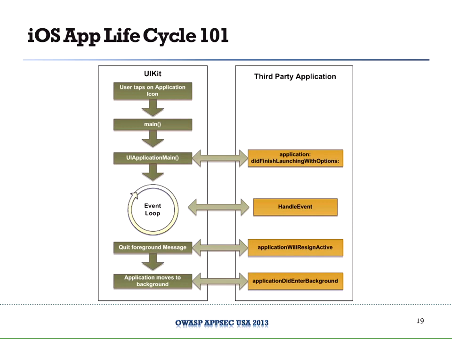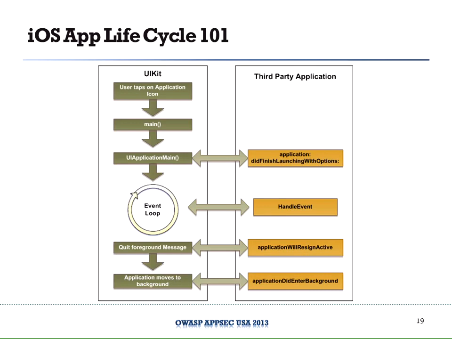So let's look at the application lifecycle for iOS. You install an app, you want to run it. You click the start icon. It then calls UIApplicationMain. Application main then provides you with an application delegate, which is a protocol. Every single iOS app has to define their own application delegate, and this is going to contain a bunch of methods that get triggered upon this event loop.